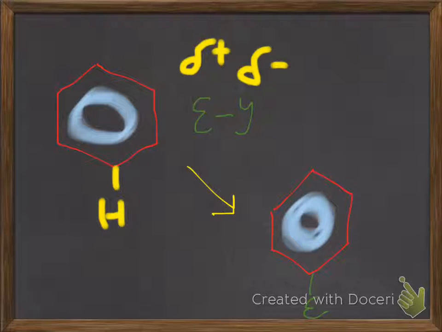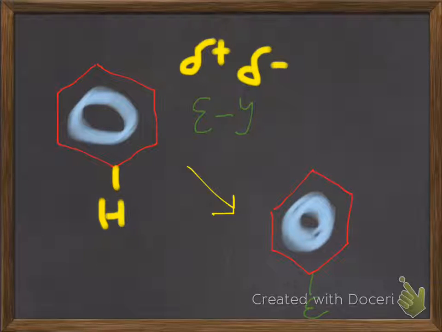Now you are required to know this mechanism. Okay? And what's really nice about this chapter is, for the most part, if you know the generic electrophilic aromatic substitution reaction mechanism, you know it for everything. So just learn and understand this generic mechanism, and you're good to go.